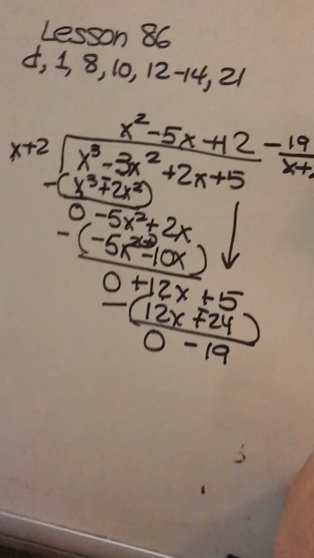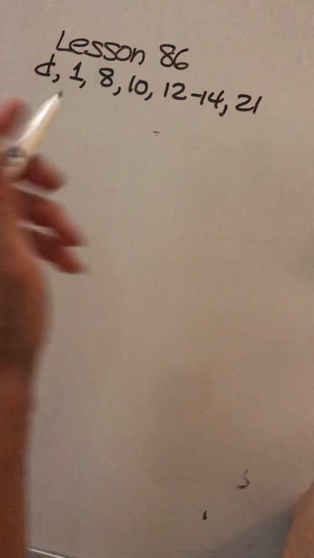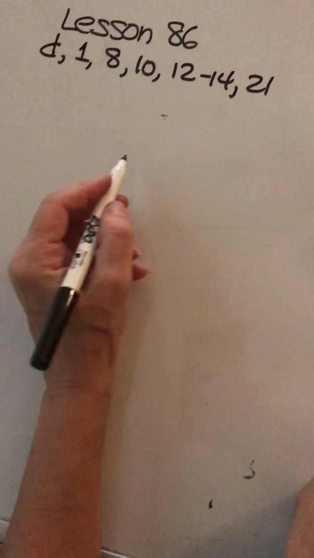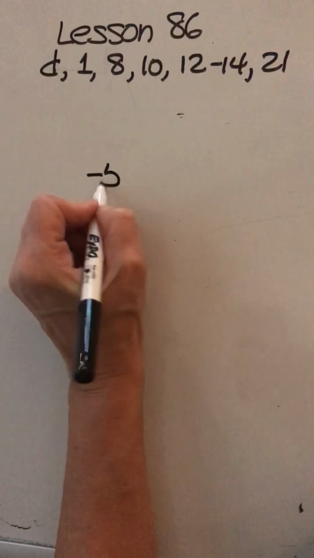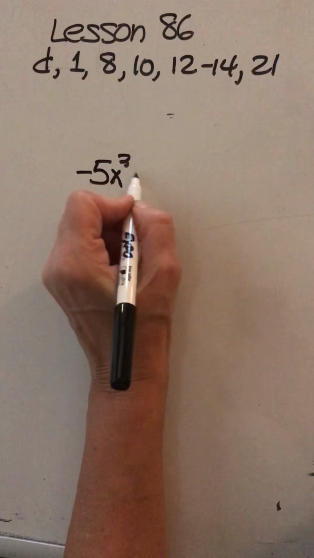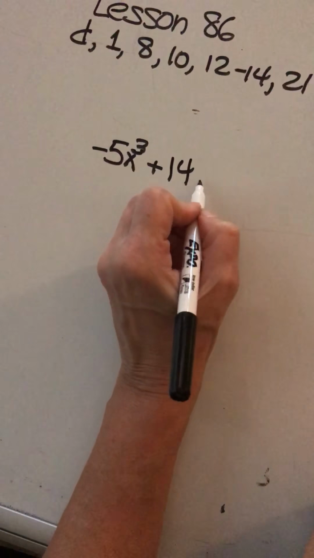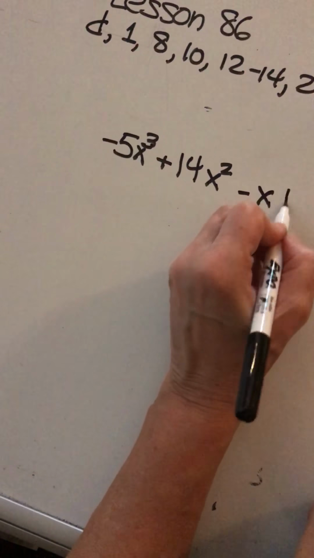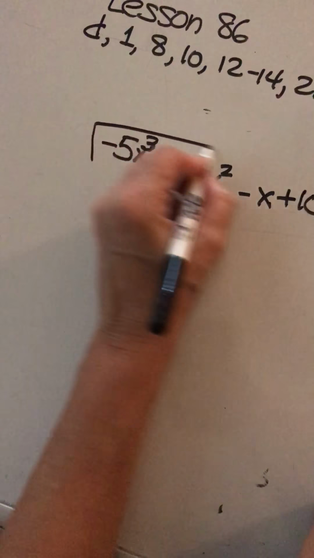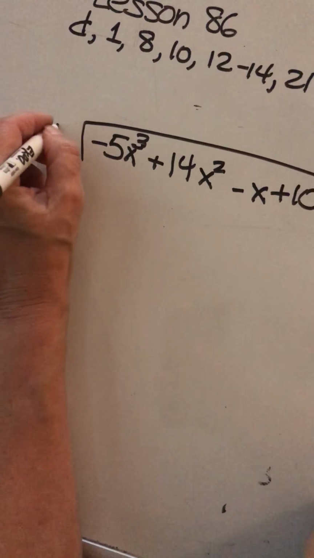That's 8. Let's go to 10. Number 10 is negative 5x cubed plus 14x squared minus x plus 10, all divided by x plus 2.